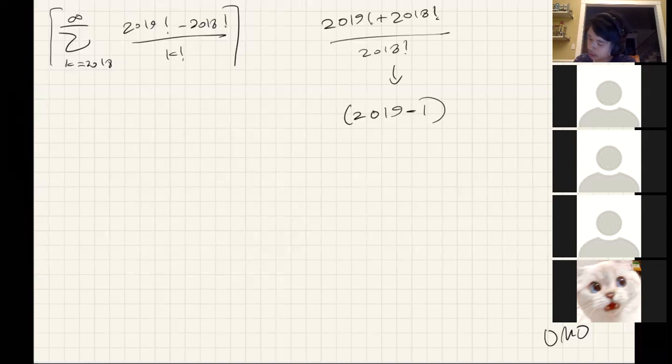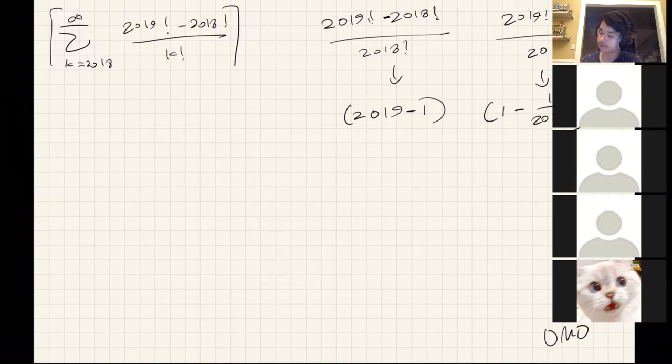All right. And then what if k equals 2019? You might be able to check that this... oops, I wrote this wrong here. Yeah, now that's correct. So 2019 minus 2018 factorial over 2019 factorial, this becomes 1 minus 1 over 2019.